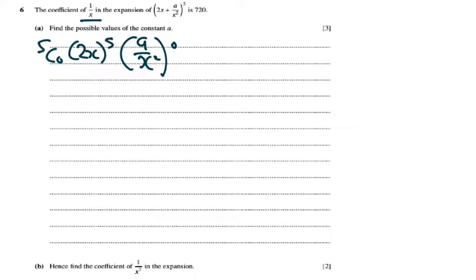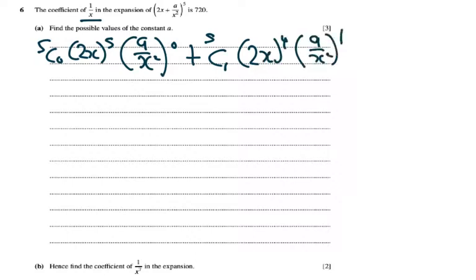Then plus 5c1 times 2x to the power of 4 times a over x squared to the power of 1. If you look at it, that's x squared and that's x to the power of 4. When you cancel those, irrespective of the value of 5c1, you still have x squared on top as a numerator, not the denominator.